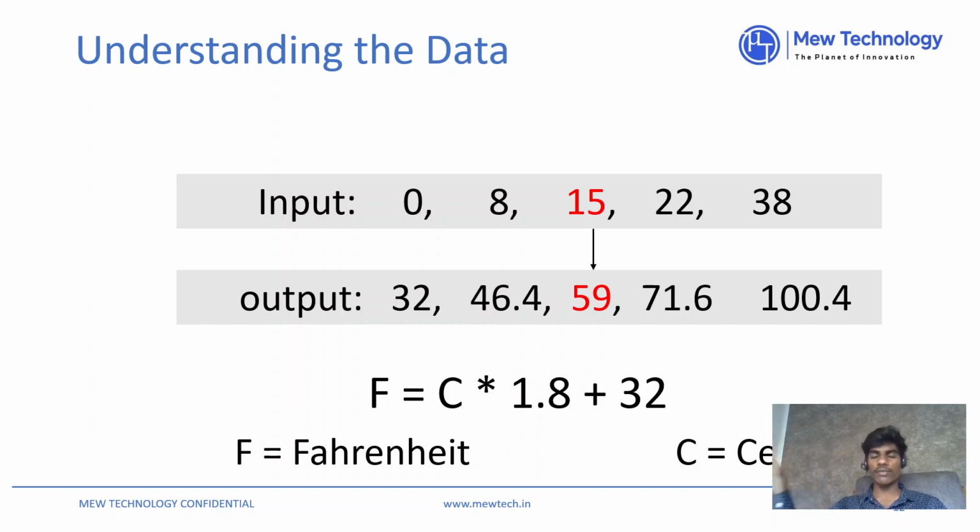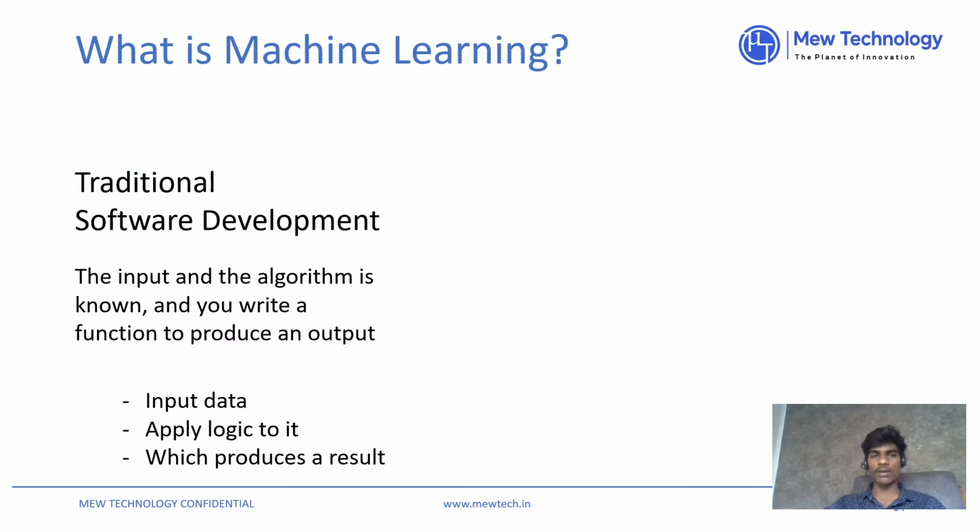Totally, the output Fahrenheit value is 59. The same thing, I give 22, I apply this equation, I get 71.6. I give 38. The 38 into 1.8 plus 32, I get 100.4. It's a very simple and straightforward problem.